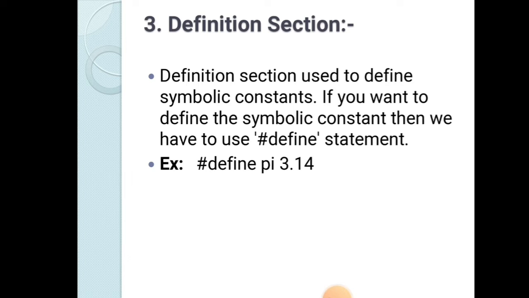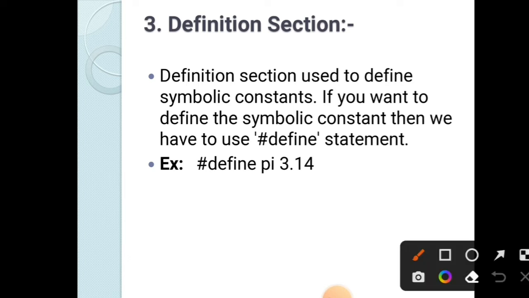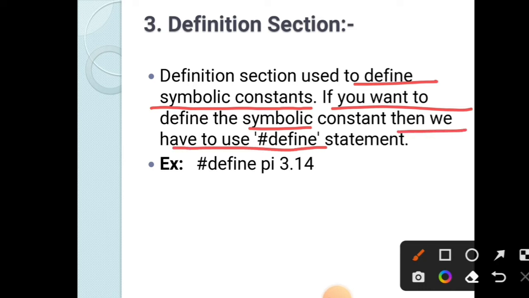The third one is the definition section. The definition section is used to define symbolic constants. If you want to define constant values, you need to use the definition section, with hash define. Hash define is used to define the constant values.